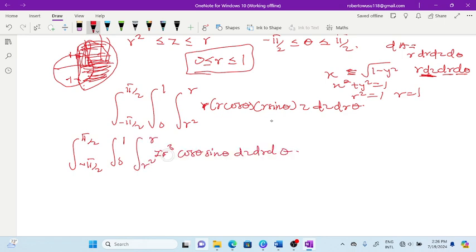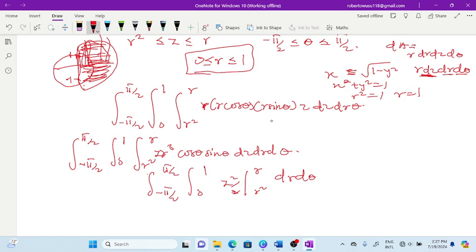At this point, in doing my first integration, I'll have z out. I'll have the integral from negative pi on 2, the integral from 0 to 1. Then I'll have what? z squared over 2 from r squared to r at the upper and lower limit, right? Then I have my dr d theta. So the first one is gone.